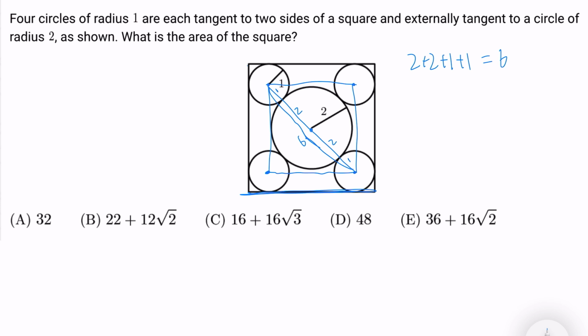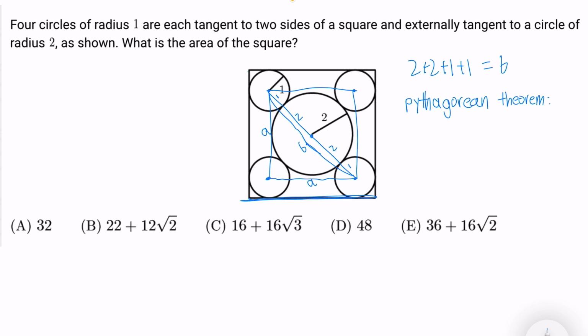Because it is a square, I'm just going to let this be A, one of the side lengths of the smaller square. That's going to be A, and this will also be A because they're the same, since it's a square. The Pythagorean theorem states that a squared plus b squared equals c squared, where c is the hypotenuse of a right triangle, and a and b are the lengths of the legs.